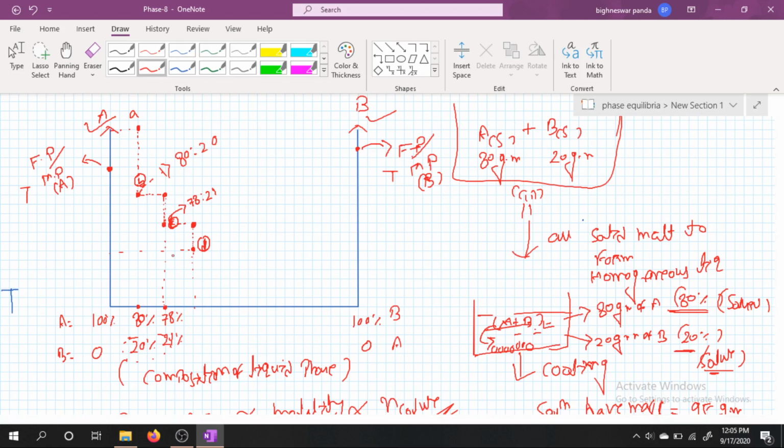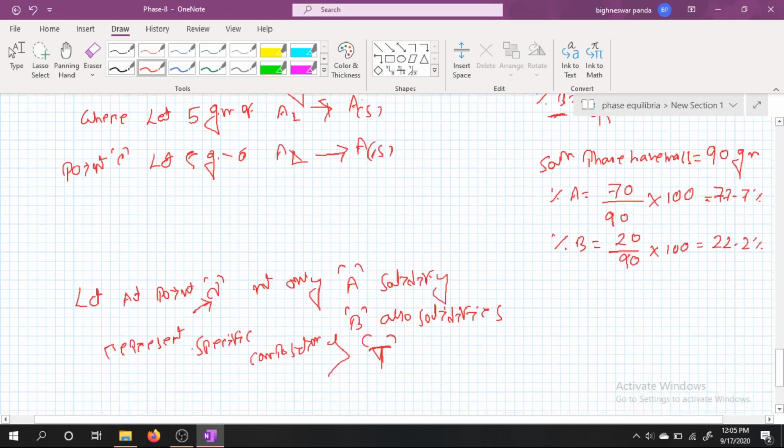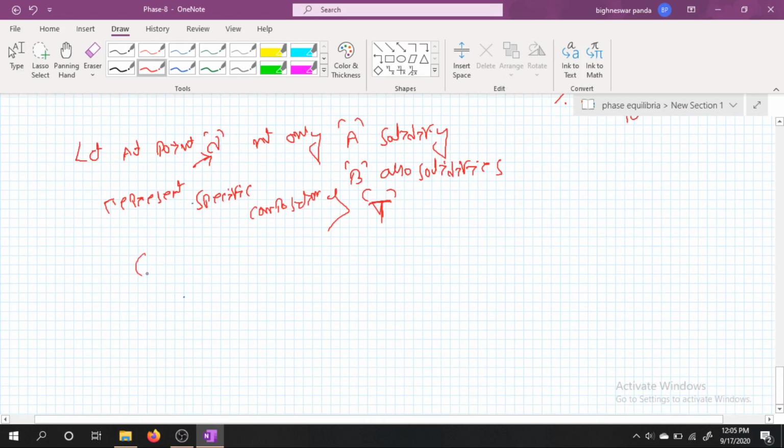That means below this temperature we cannot separate A and B. This specific point is called the eutectic point, and below this eutectic point we cannot separate solid A and solid B.